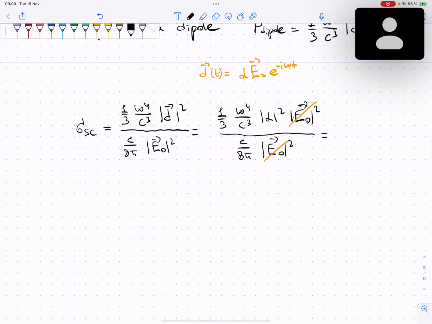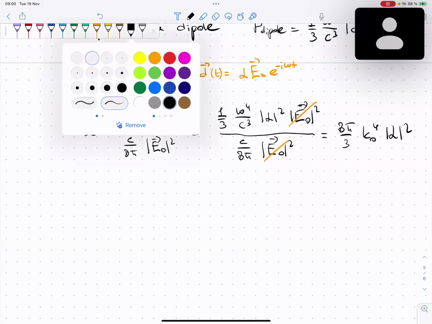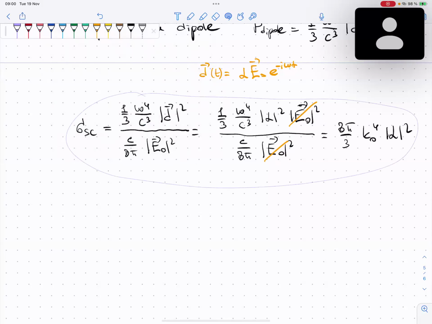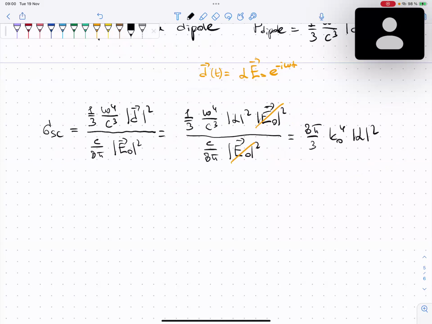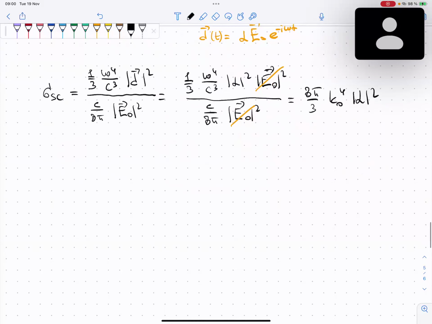And in the end, we have 8 pi over 3 k0 to the fourth power, modulus square of the polarizability. So for the small particle, the scattering cross-section will be 8 pi over 3 k0 to the fourth power times the square modulus of the polarizability.